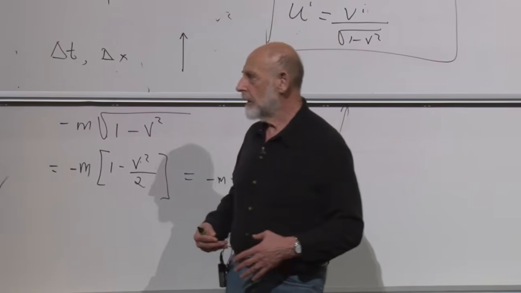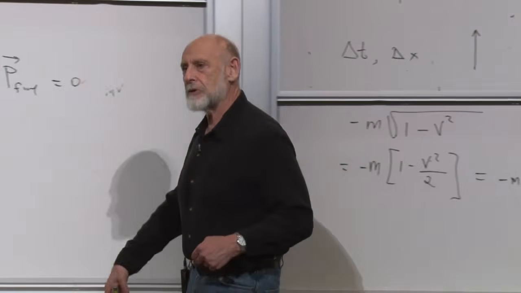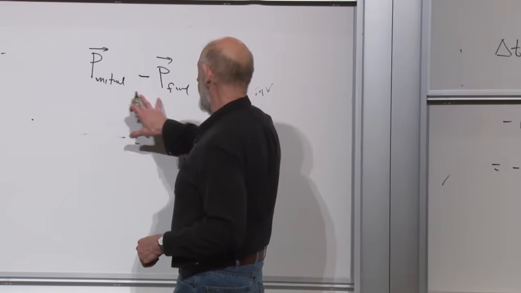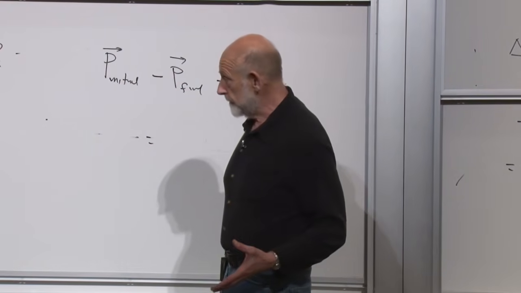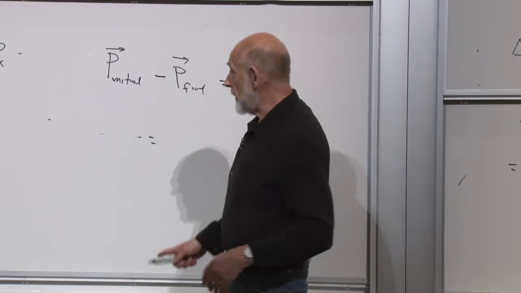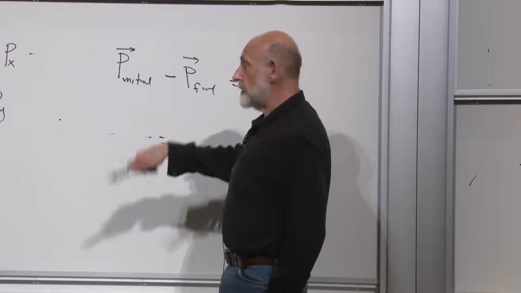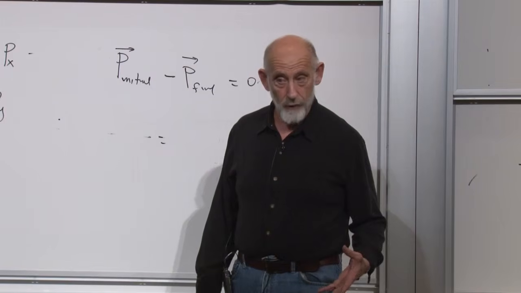It's only an invariant statement if we can identify a 4th component and say that the 4th component is also conserved. A 4th component such that the 3 components together with the 4th component add up to a 4 vector.